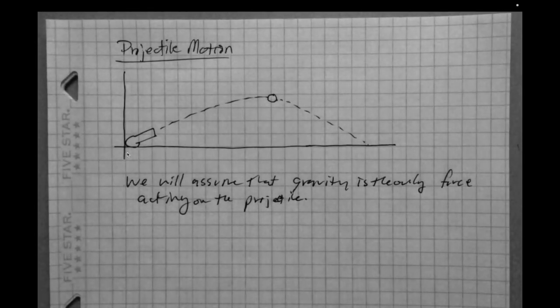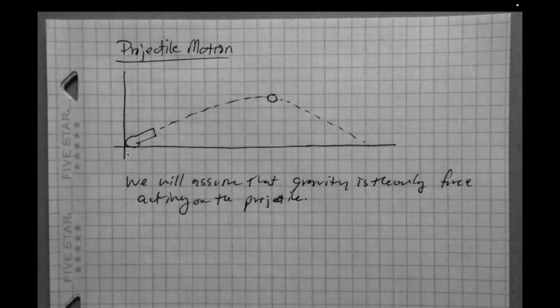There's other things that would be acting on the projectile as well, things like air resistance, which would be the big one, I guess. But we're going to consider wind resistance and such to be negligible. We're going to assume that gravity is the only thing acting on it.